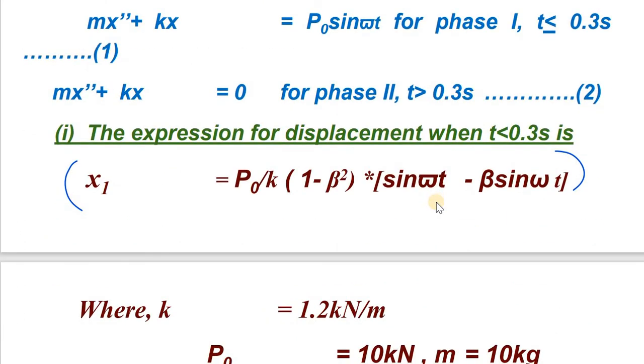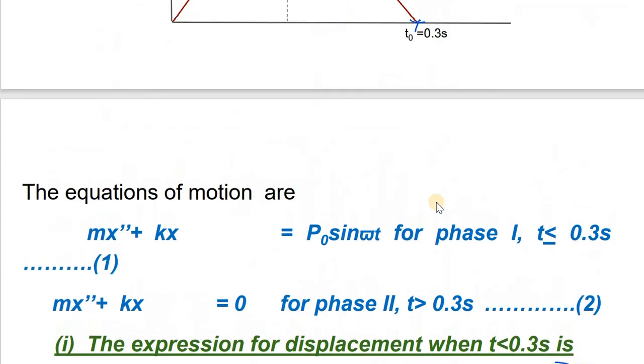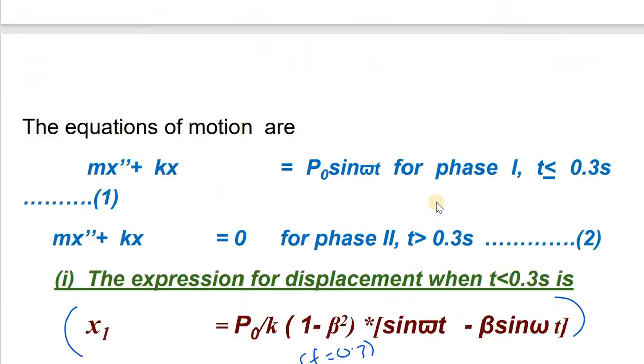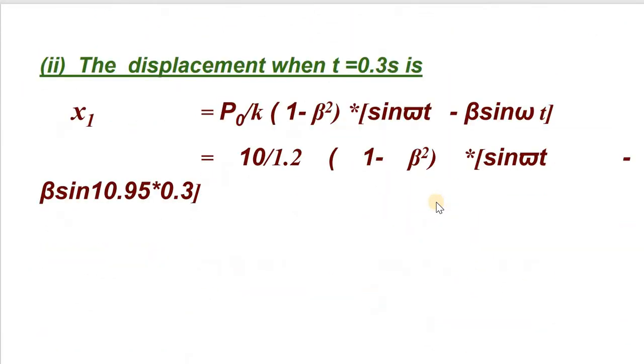In this equation, I am substituting t equal to 0.3. P0 and k are given, but beta is not given. If it is given in the question, you can just substitute that. But since it is not given, you can find the response displacement in terms of beta. That is not a problem. Okay. So likewise, we can find out the answer for the displacement at t equal to 0.3.